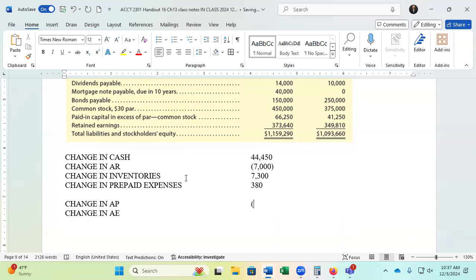A decrease of 3,200. And our change in accrued expenses payable? 1,500. And change in tax payable? Looks like a decrease by 500. All right.